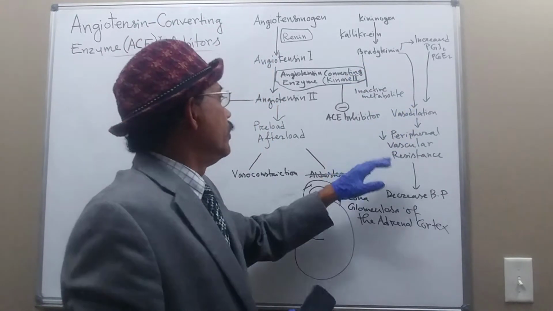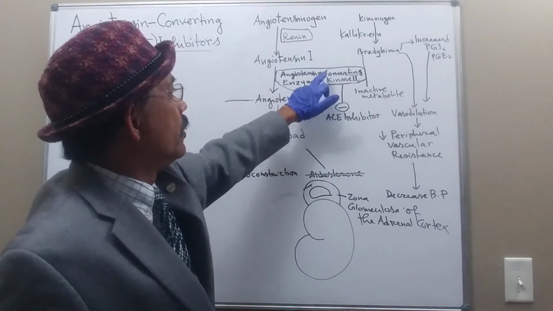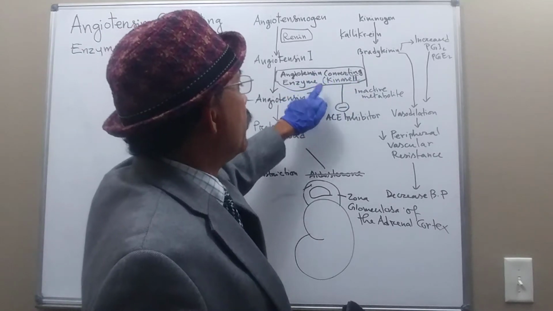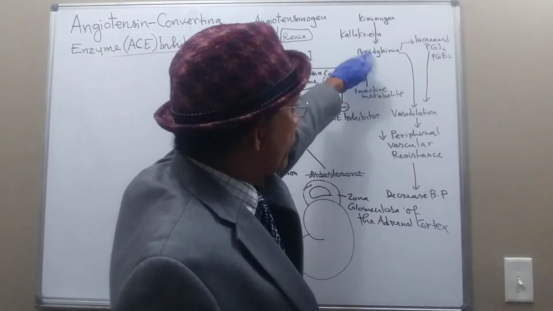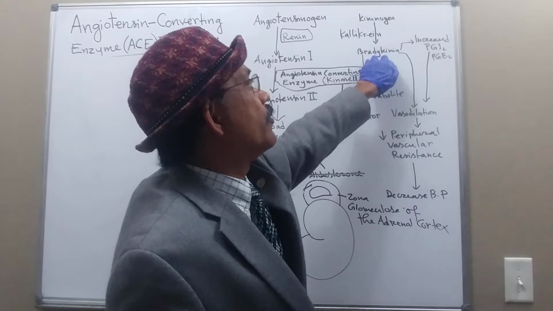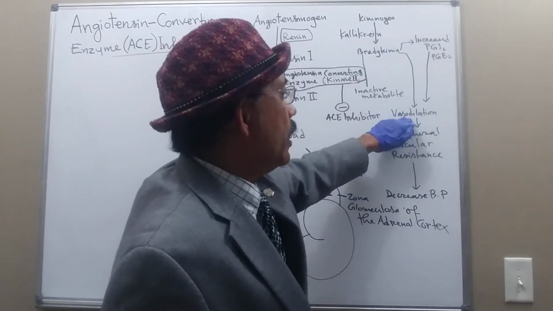So the ACE inhibitor suppresses the angiotensin converting enzyme. So what will happen? Bradykinin cannot be converted into inactive metabolite. So it will stay in our system, and if it stays in our system, it will cause vasodilation.